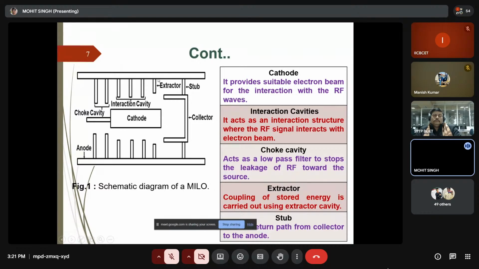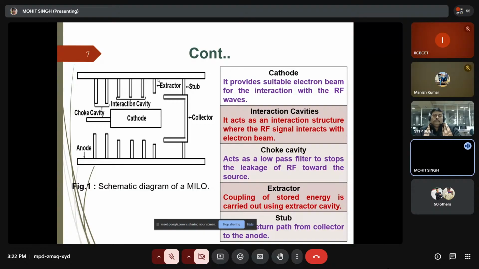Now, to confine this electron beam, a magnetic field is required, and for the interaction, some interaction structures are required. Here the beauty of this magnetically insulated line oscillator is that it is self-magnetic insulation. There is no need of an external magnetic field for focus.